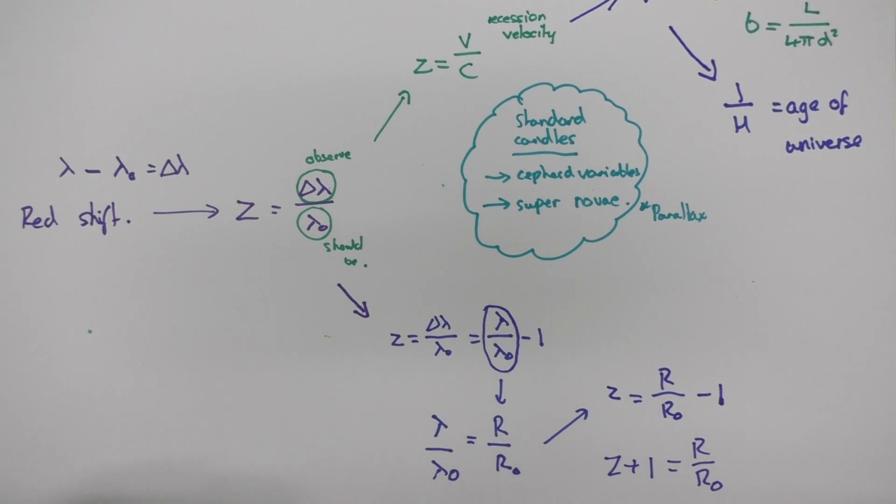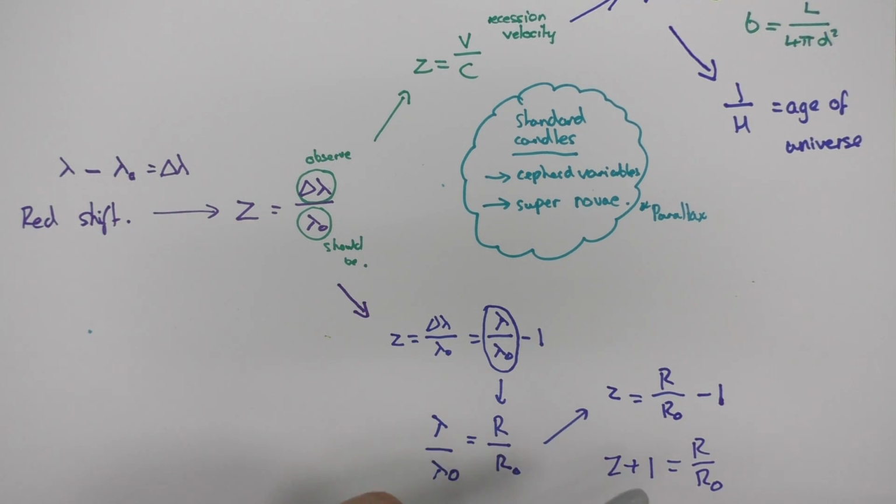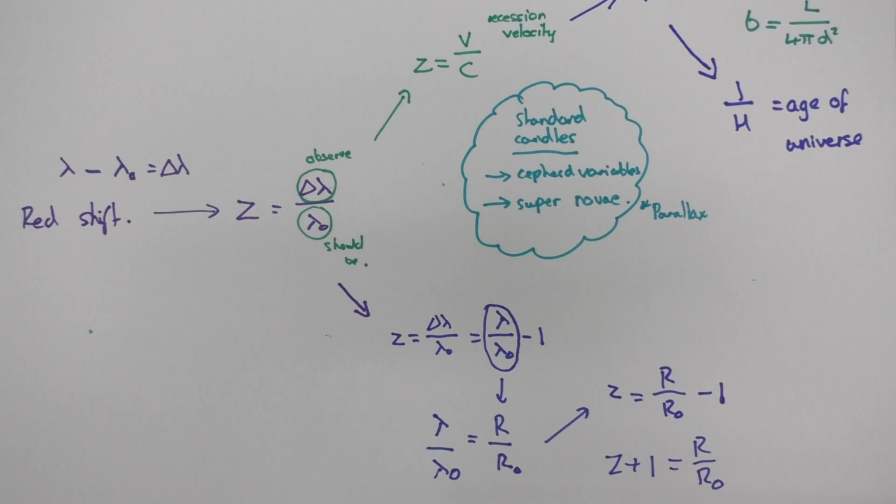So this is a really useful calculation to indicate the proportion by which the universe has grown. Whatever this value equals is how much bigger the universe has gotten since this radiation was emitted and it became this value here. And this is called the cosmic scale factor. A very interesting factor to say the least.